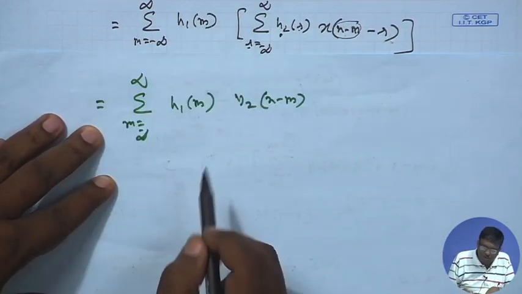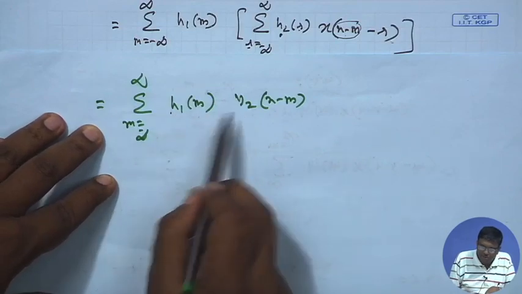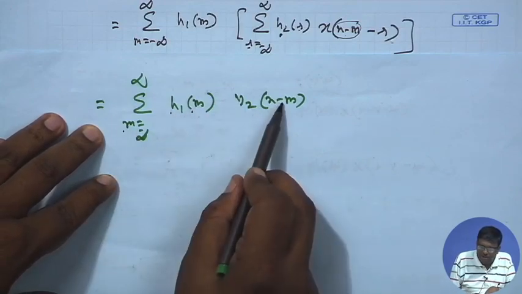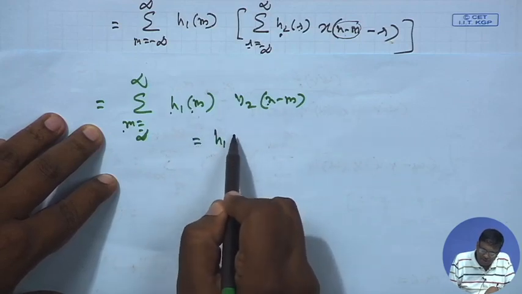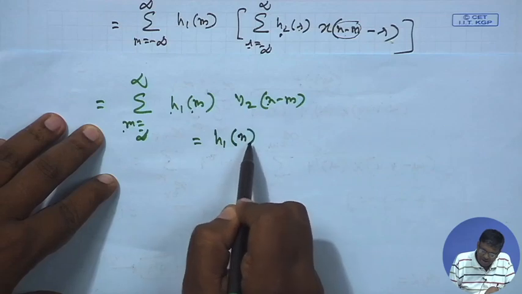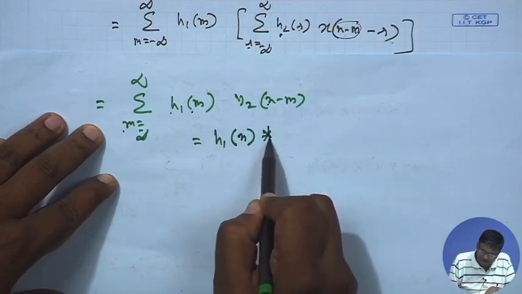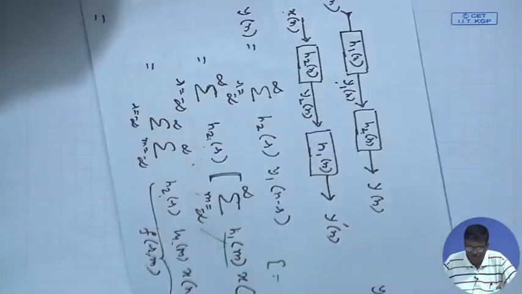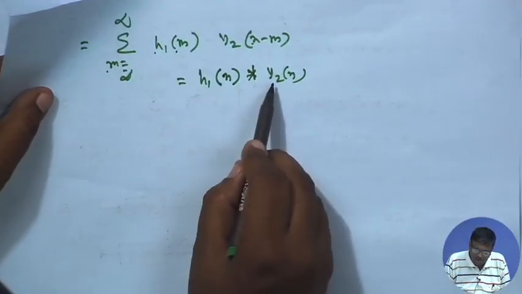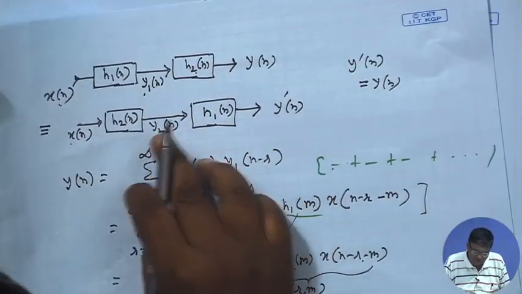Again it is a convolution between h1 and y2, with local index m coming here with a minus sign, and n here. So, this is the convolution h1 n star y2 n. So, that is what we have here: h1 convolved with y2, which is the same as y2 convolved with h1.